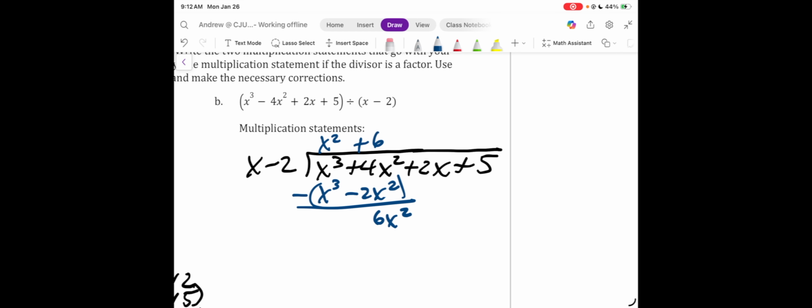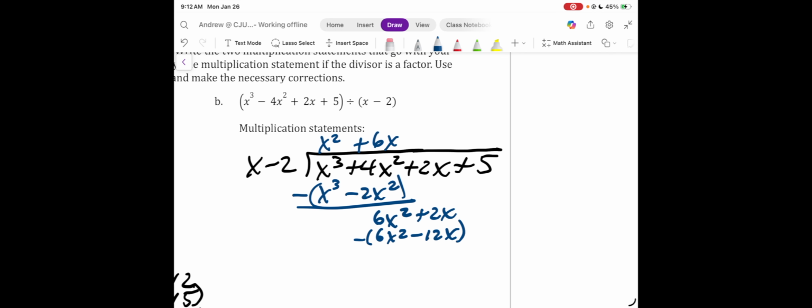Then add 6x squared. Bring down 2x. And let's see, did I miss something? 6x. And that would be negative 12.